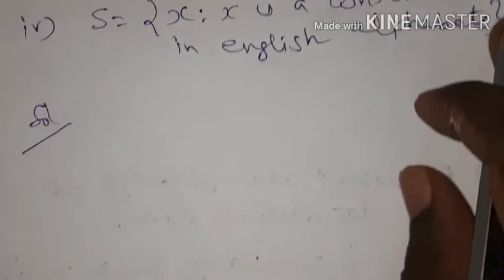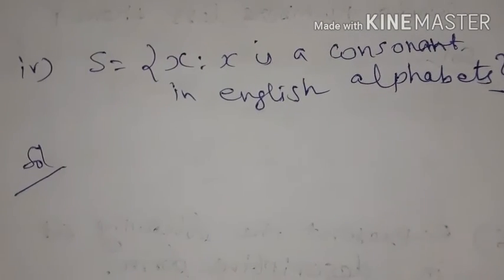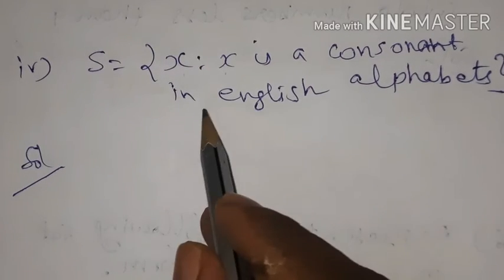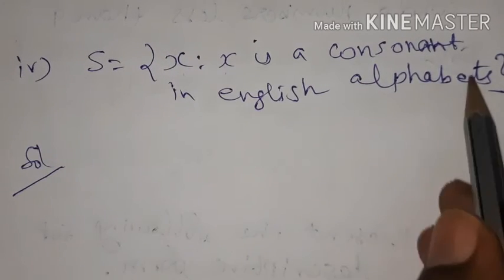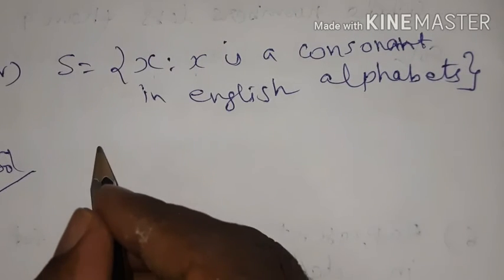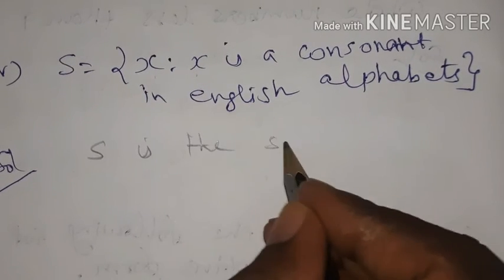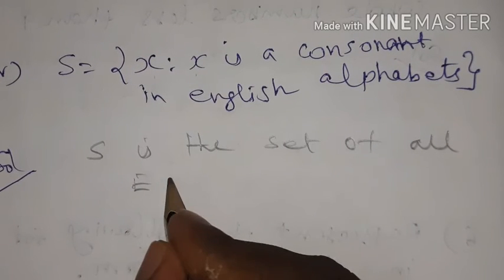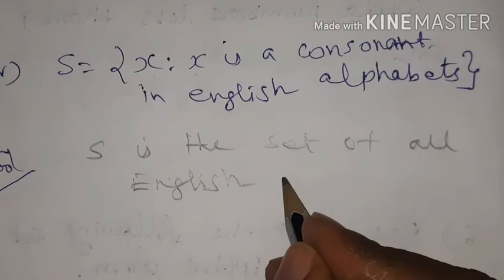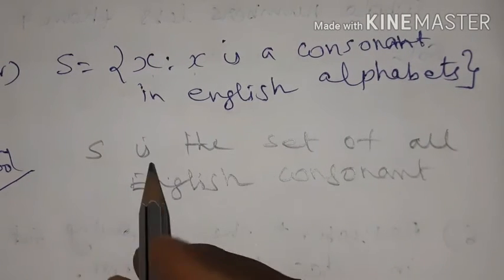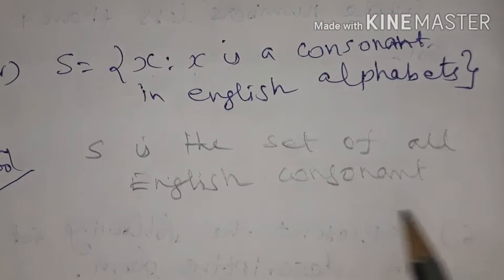Then the last sum, fourth one: S is equal to x such that x is a consonant in the English alphabet. S is the set of all English consonants in descriptive form.